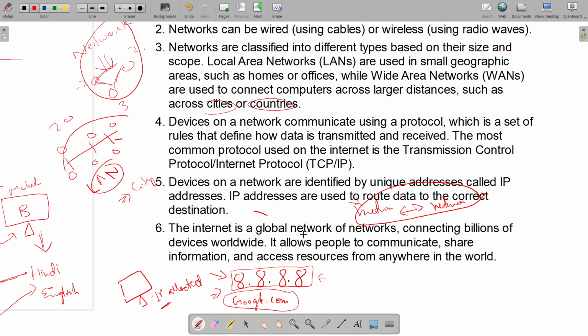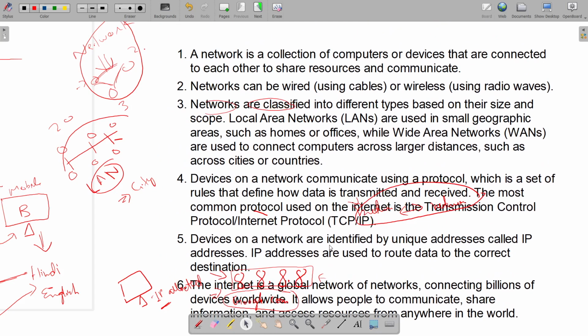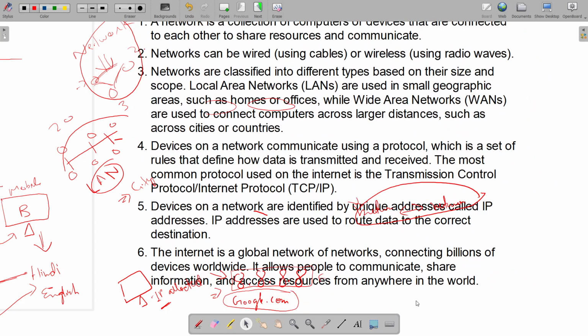So the internet is a global network of networks connecting billions of devices worldwide. It allows people to communicate and share information. You know what you do on the internet, right? So this is basically it. I guess you now have an overview of how networks work, and I will see you in the next video.